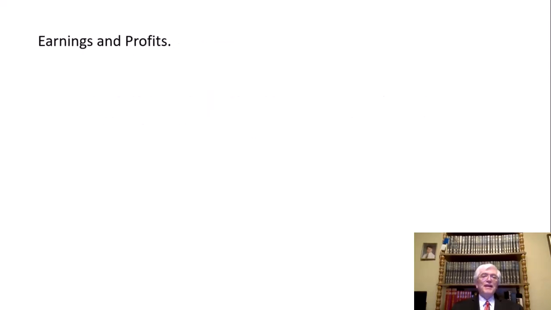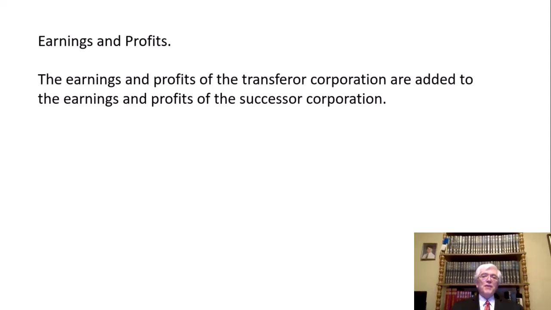Earnings and profits. This is a much simpler issue than the one with the net operating losses with their Section 382 triggers and all the rest of it. Earnings and profits of the transferor are added to the earnings and profits of a successor corporation. So if they're both positive, just add them up. If they're both deficits, add them up, and then you've got that much of a deficit.